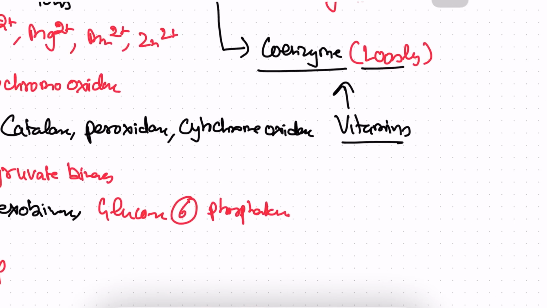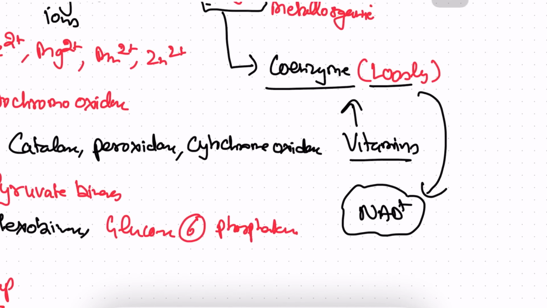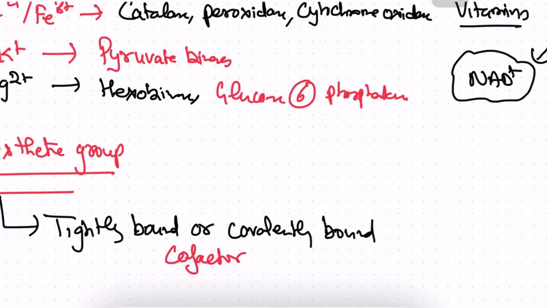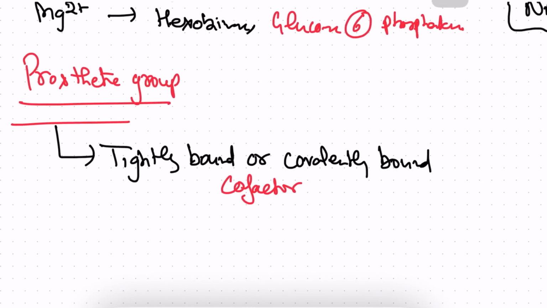Here I want to give you the example of NAD+, nicotinamide adenine dinucleotide, which acts like a coenzyme. Same way, the prosthetic group is a tightly bound or covalently bound cofactor. Here I want to give you one example, not of an enzyme but of a protein, hemoglobin.